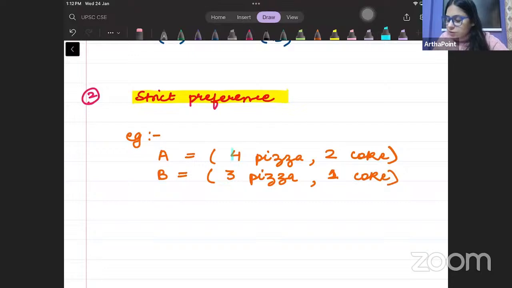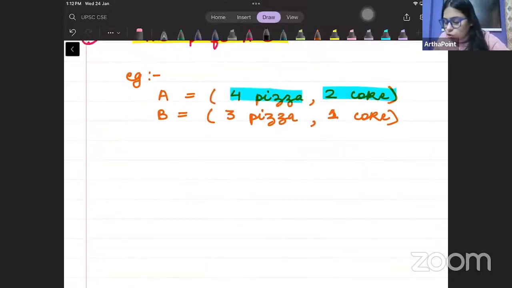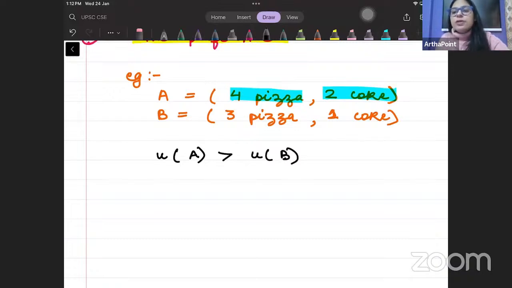Clearly, this bundle is giving you more pizza and more cold drink. You will want this bundle. आपको तो pizza और cold drink दोनों ही बहुत पसंद है. So you would want the bundle which gives you more of both the things, na? So clearly, you will get more utility from A as compared to B. Your satisfaction from A will be more as compared to your satisfaction from B.